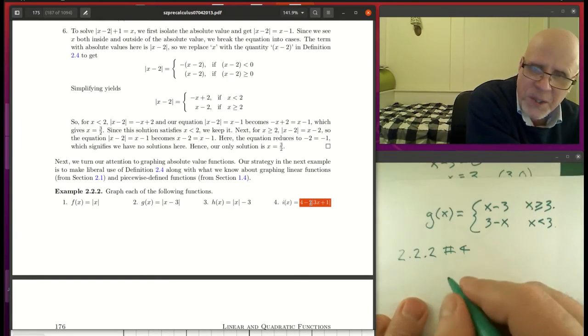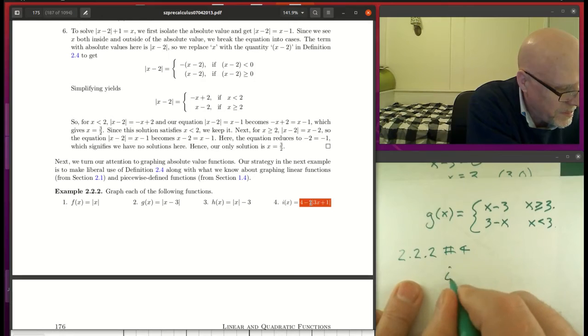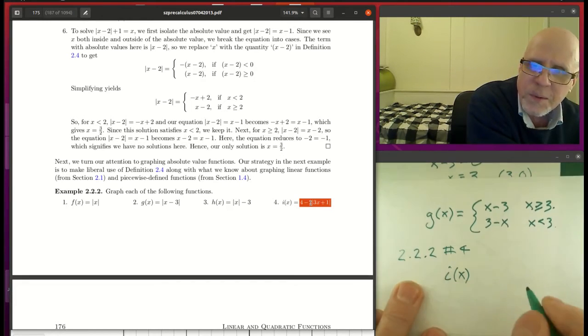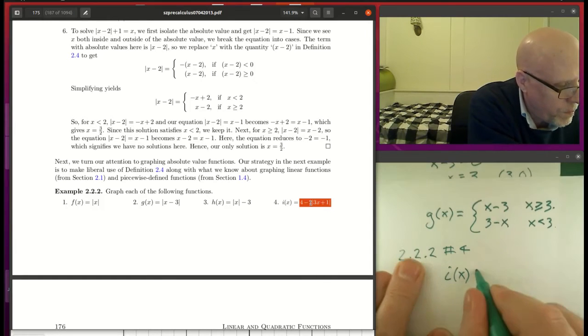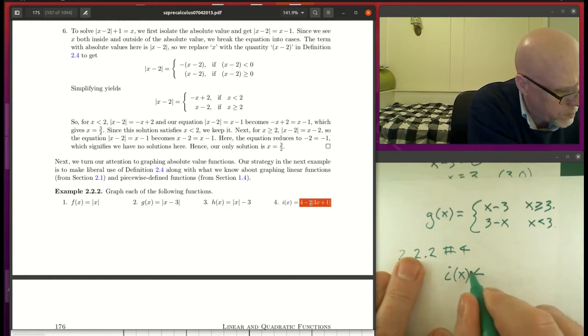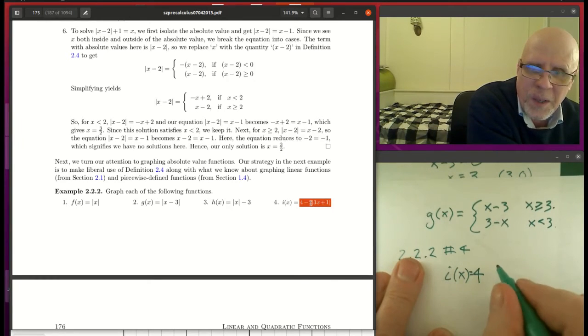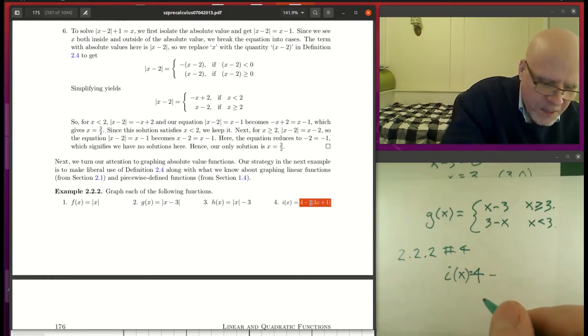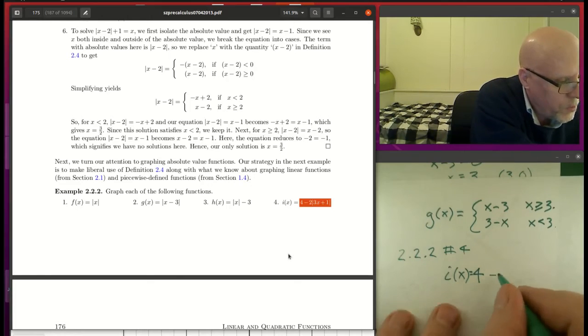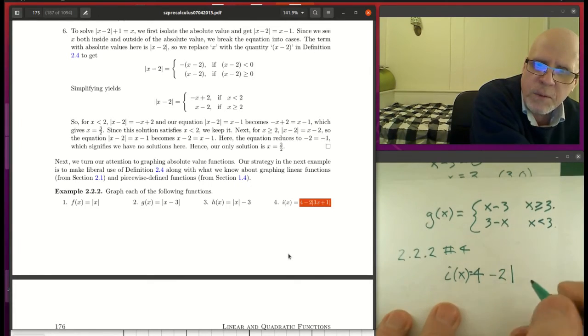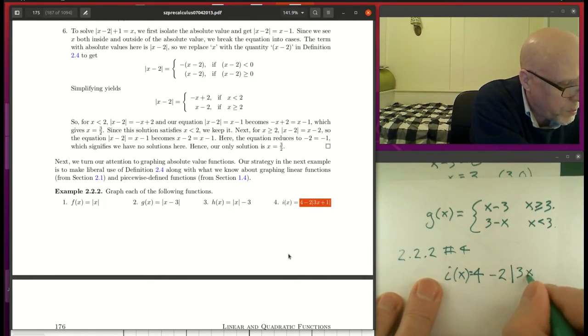Yeah, so the function I of x, they just ran out of letters, so they're up into the high parts of the alphabet. I of x is 4 minus 2 times the absolute value of 3x plus 1.